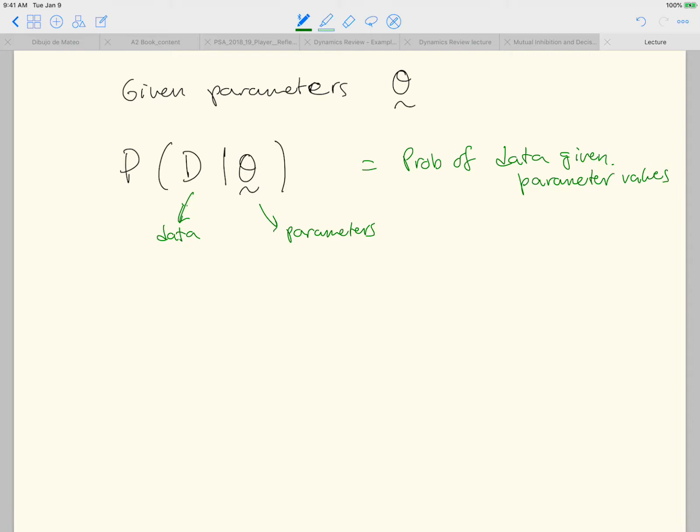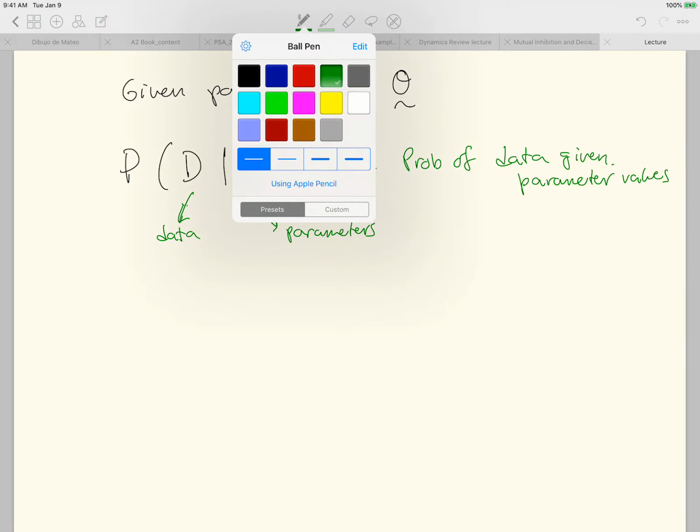So how do I choose my parameter values? Well, one intuitive thing to do would be to say, let me choose the parameter values that would maximize that probability. This is called the likelihood of the data.